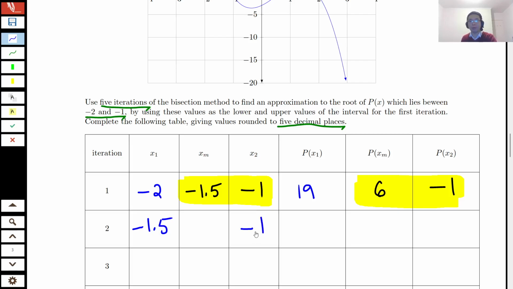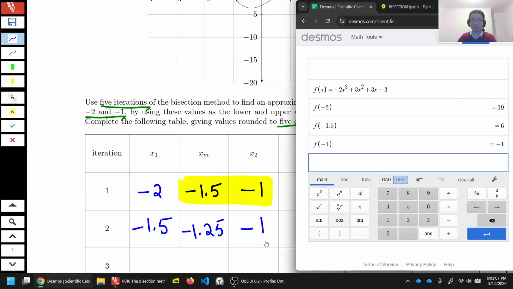The halfway point between -1 and -1.5 is -1.25. If you're having trouble with that, feel free to use a calculator to get that result. Notice that I already know p of -1.5, so I don't need to calculate it again. Now I need to figure out p of -1.25, so let's do that.